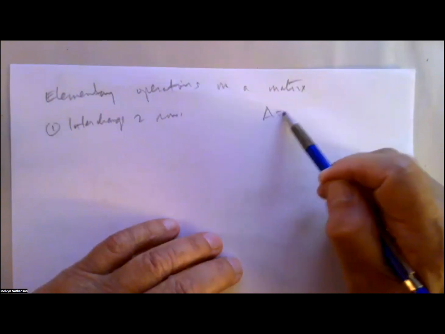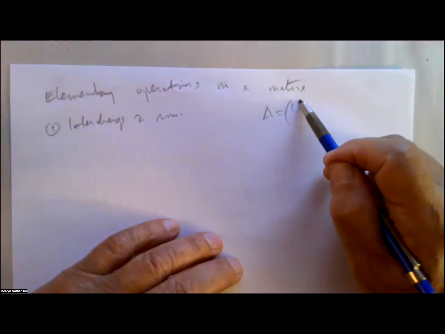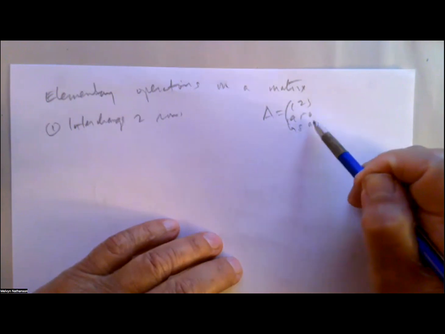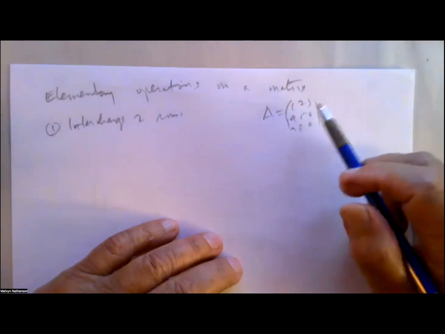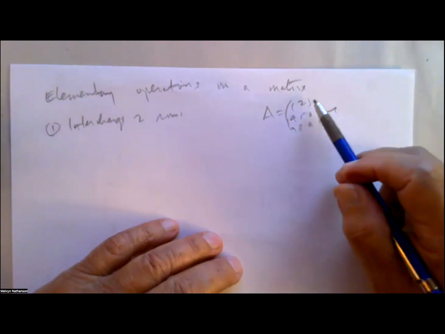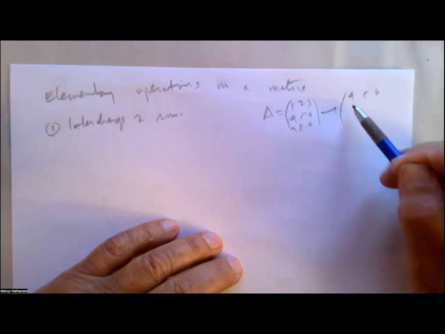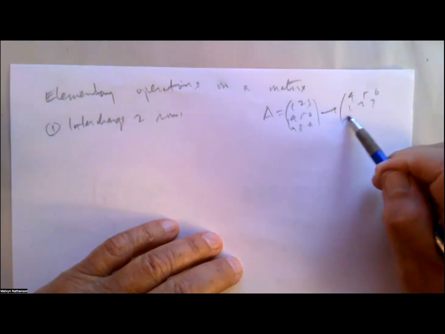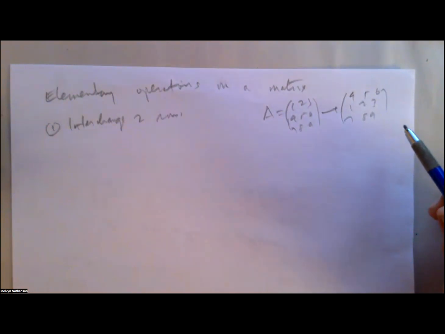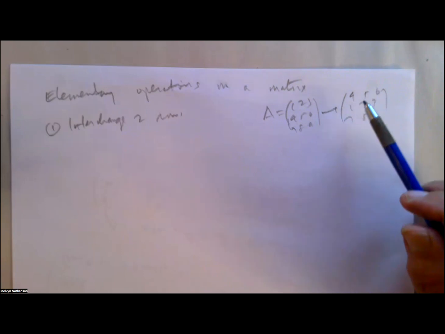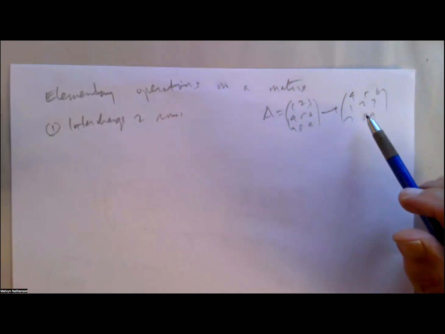So for example, if I take the matrix 1, 2, 3, 4, 5, 6, 7, 8, 9, I could interchange the first and the second rows. This would be 4, 5, 6, 1, 2, 3, 7, 8, 9. I've interchanged the first and second rows, so I have a different matrix, but all I did was interchange rows.